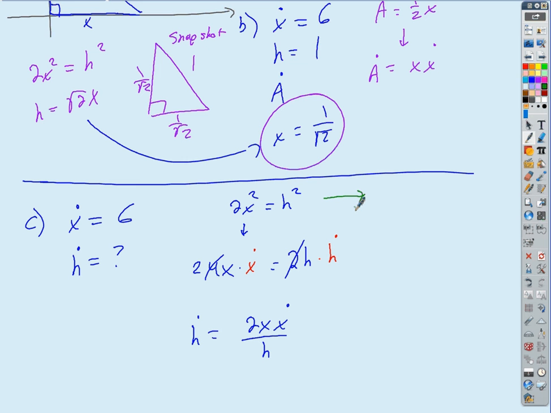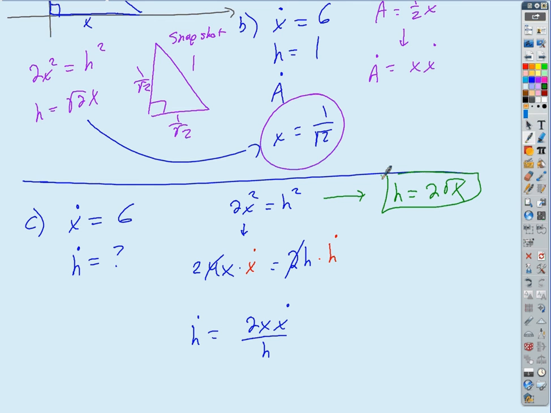I mean, we kind of did that work above, right? If I square root both sides, and if I ignore the fact that there's a plus or minus there because h and x have to be positive, don't they? They're lengths of a triangle, they're dimensions, so they couldn't be negative. So we get the same thing as before: h equals the square root of 2x. There's a secondary equation. That's useful to us, isn't it?